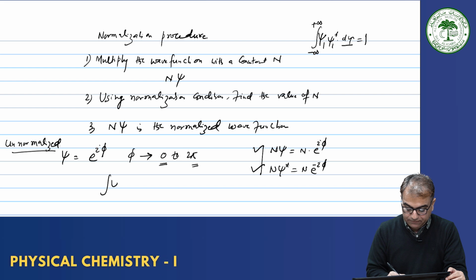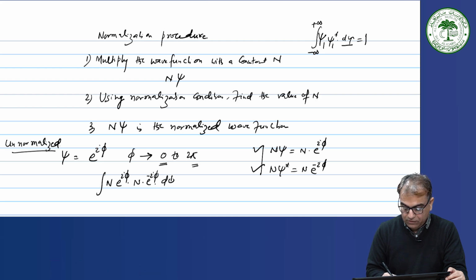You can write n exponential i phi into n exponential minus i phi into d phi is equal to 1 from 0 to 2 pi. Okay.